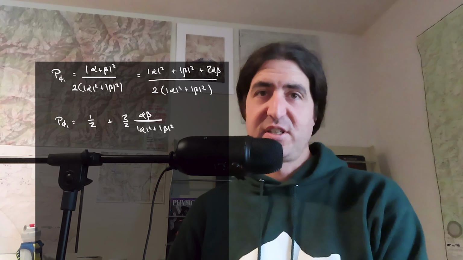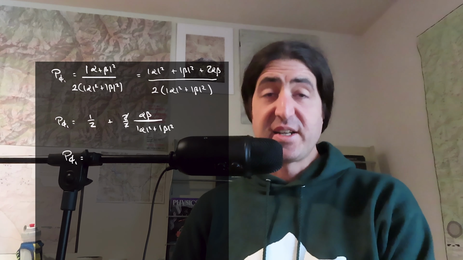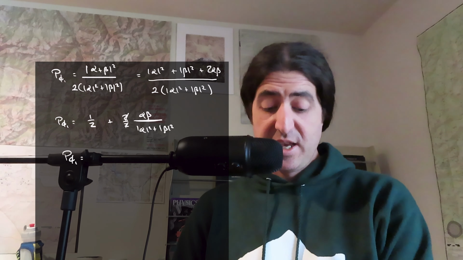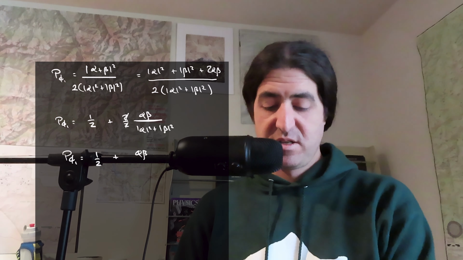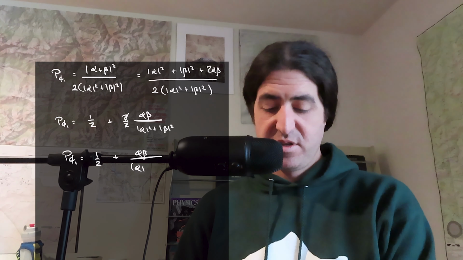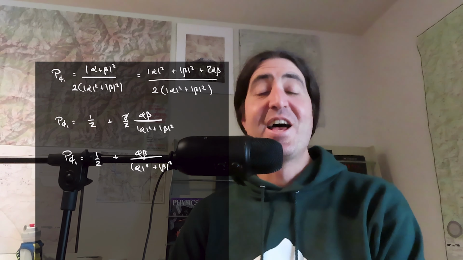Simplifying further, getting those 2's to cancel out, we find that the probability of finding the state in the phi 1 configuration is just 1/2 plus alpha beta over alpha squared plus beta squared. Awesome. Okay, so far so good.